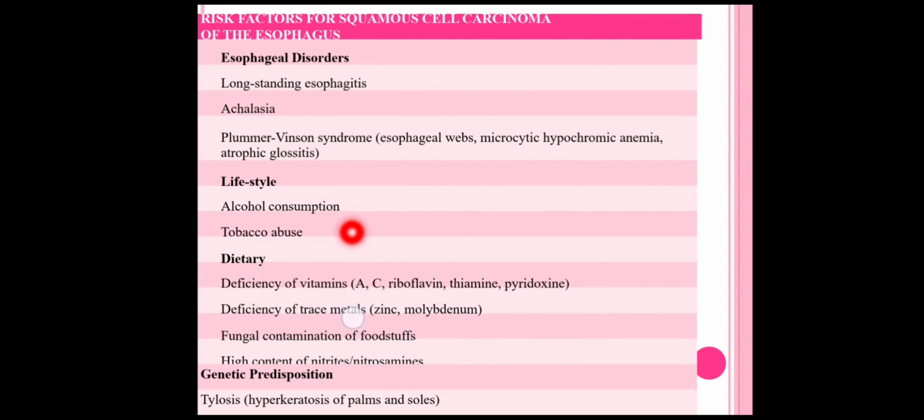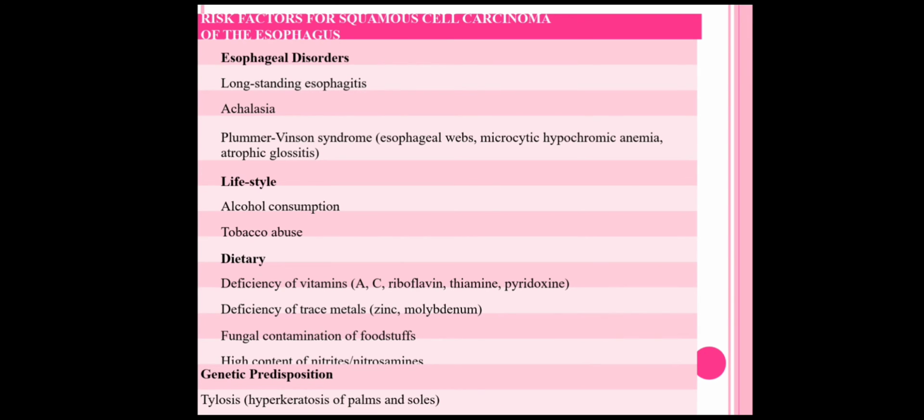So these are the bad habits which can lead to squamous carcinoma. Dietary factors are deficiency of vitamins A, C, riboflavin, thiamine, and pyridoxine, deficiency of trace elements like zinc and molybdenum, fungal contamination of foodstuffs, and high content of nitrites and nitrosamides in the diet.